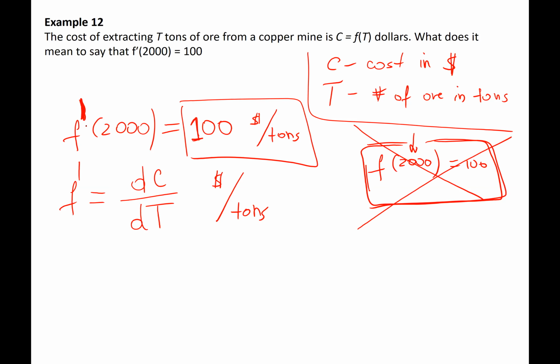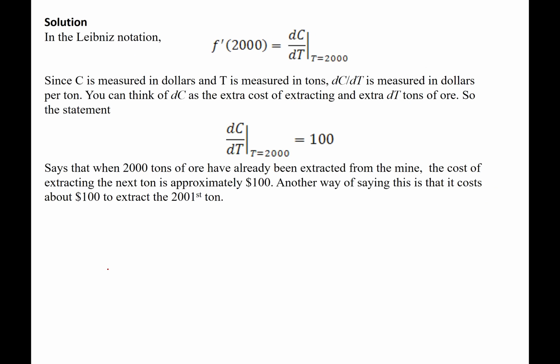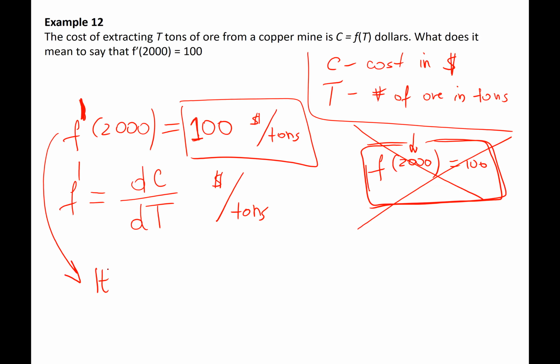That means, one more time, that when 2,000 tons of the ore has already been extracted, then the price for the next ton is $100. I can maybe write it, just in case you have to pick options or you have a similar question.